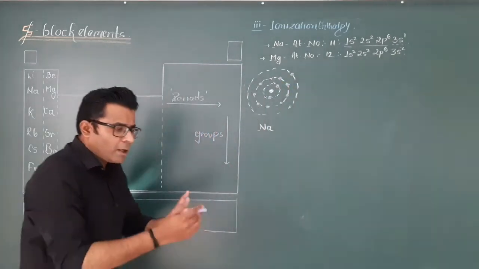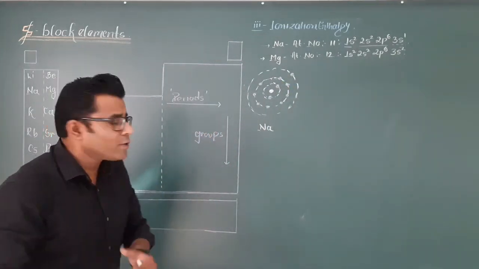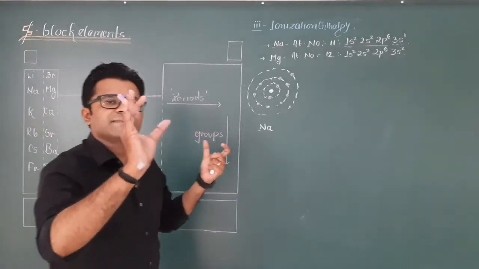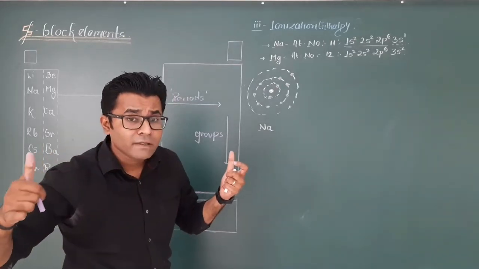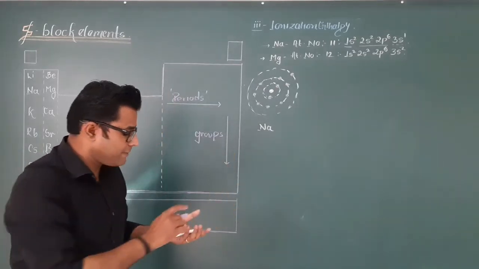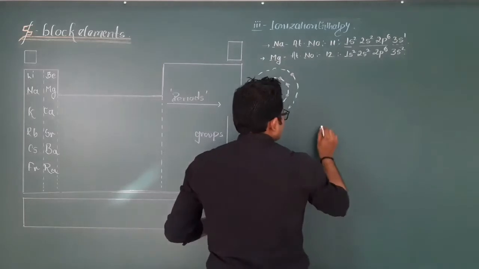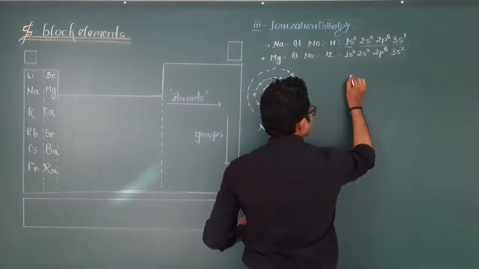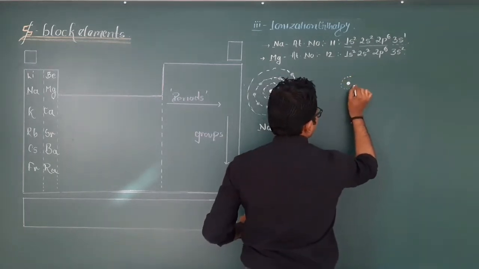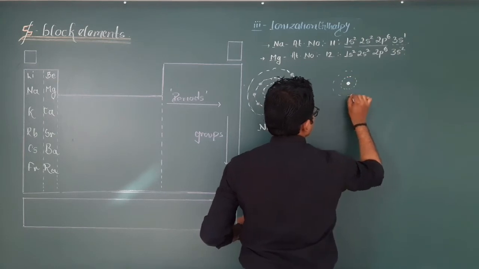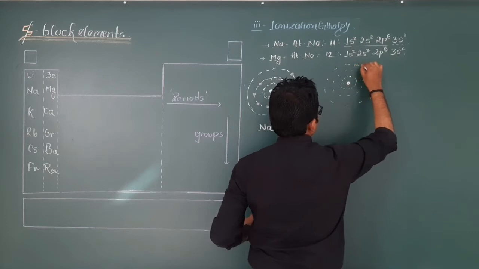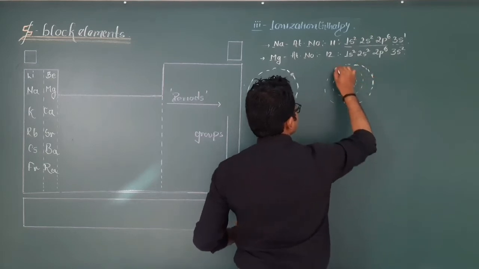Now, according to the previous characteristic, the size of the alkaline earth metals is a bit smaller compared to the corresponding alkali metals. So, let's observe magnesium now. Let's consider this as the nucleus of magnesium, shell number 1, shell number 2, shell number 3.